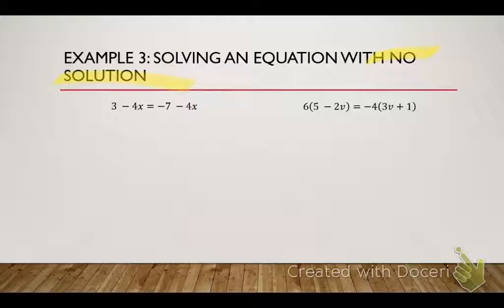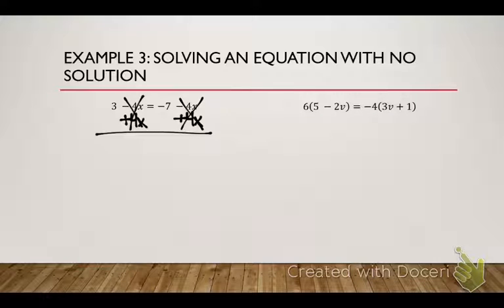Go ahead and write that equation, and let's do that step. What happens when I add negative 4x plus 4x? It cancels. Uh-oh. It looks like the same exact thing happens to the other side.